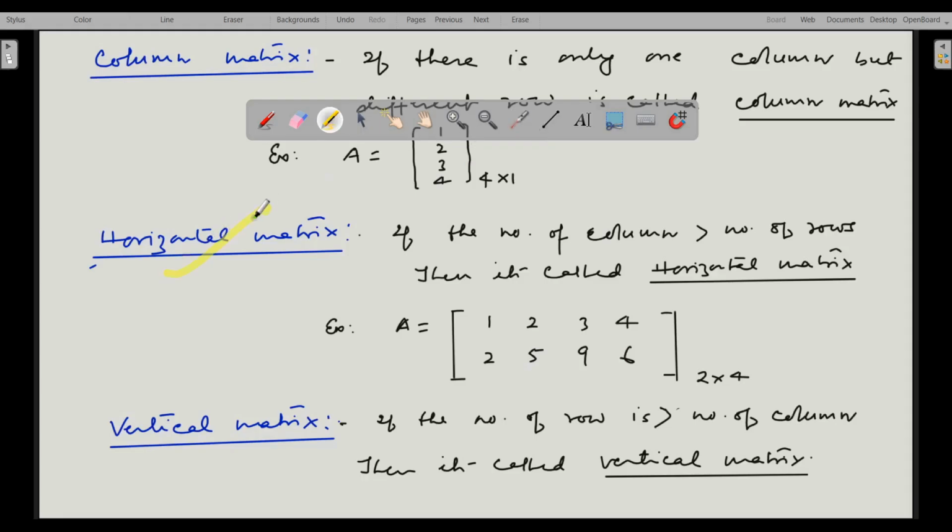Why is it called a horizontal matrix? That's because it looks like a horizontal rectangle.